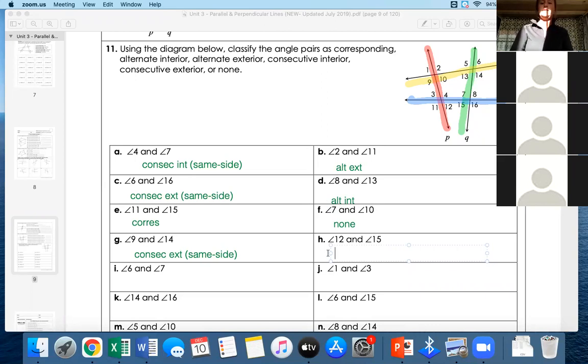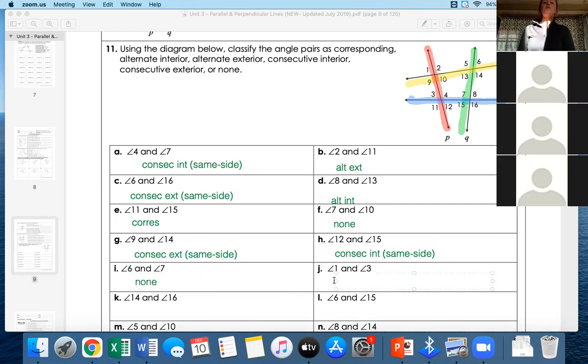Yep, perfect. How about 6 and 7? 6 and 7. One's an interior and one's an exterior. One's on the left of the green line and one's on the right of the green line. So you are correct, it's none.